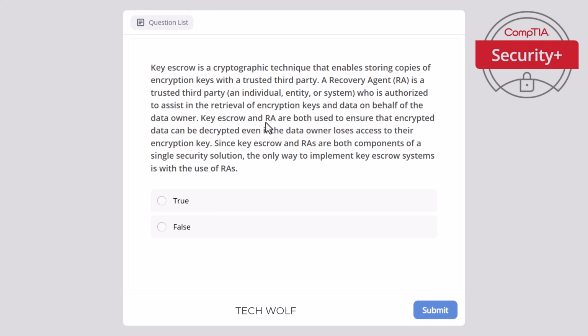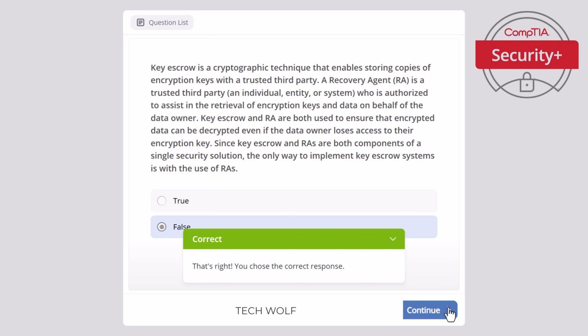Key escrow and RA are both used to ensure that encrypted data can be decrypted even if the data owner loses access to their encryption key. Since key escrow and RAs are both components of a single security solution, the only way to implement key escrow systems is with the use of RAs. Is this true or false? And here the correct answer is that this is a false statement.